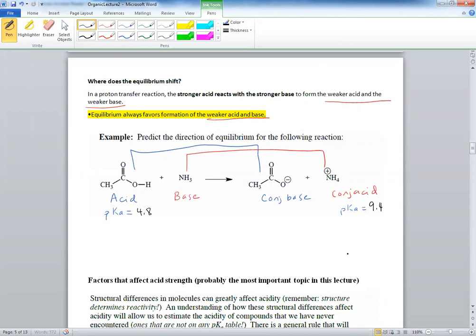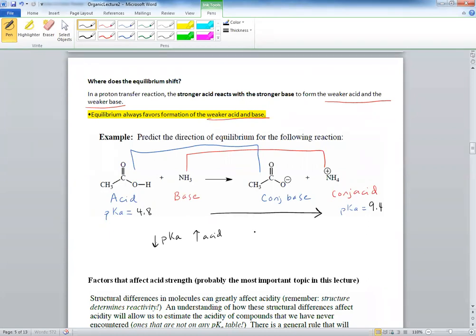Now, once again, the lower the pKa, the stronger the acid. But we want to shift toward the weaker acid. So the shift then is toward this side.